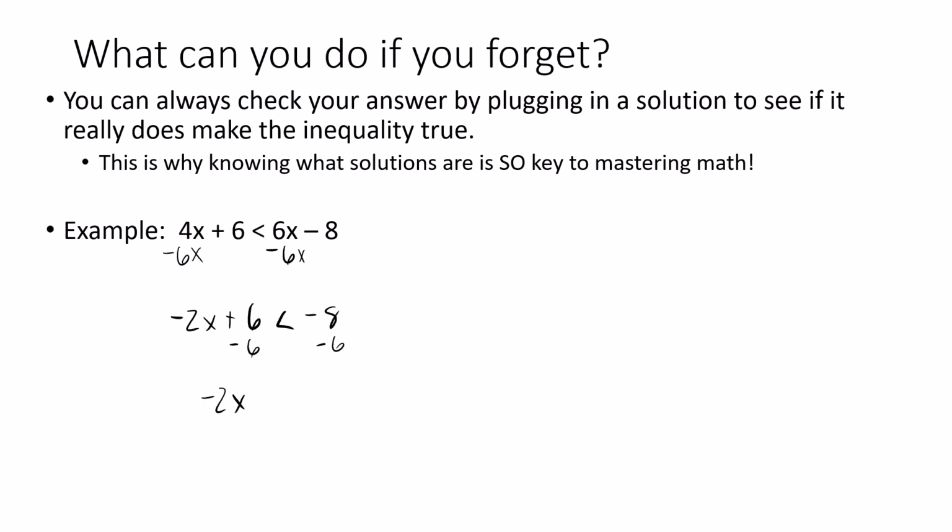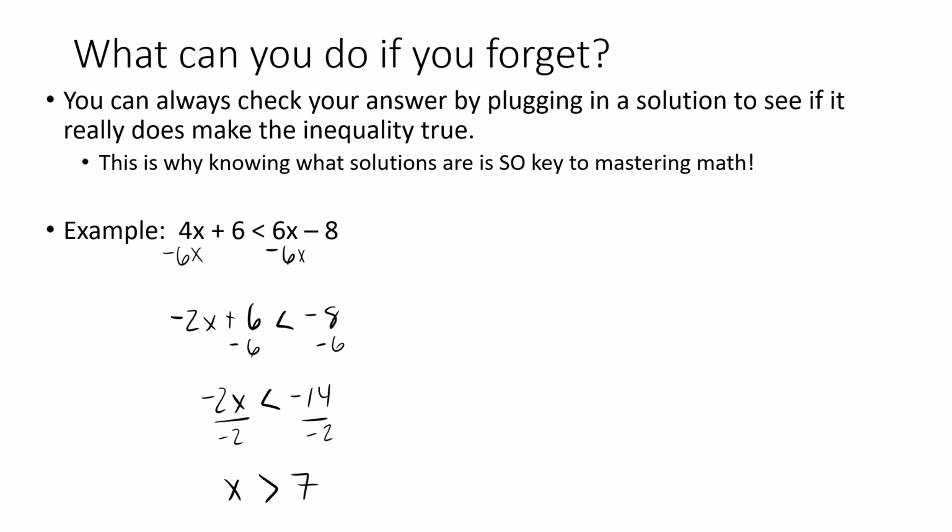So -2x is less than -14. And right here is where that flip is going to happen. So the less than flips over and becomes a greater than, and a negative divided by a negative is a positive. One way you can think of that is if your signs changed from one line to the next. So if you had a negative and now you have a positive, or vice versa.